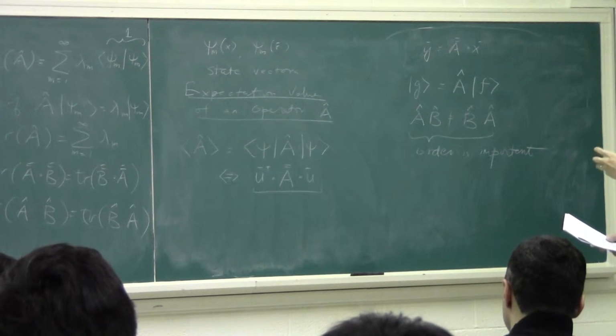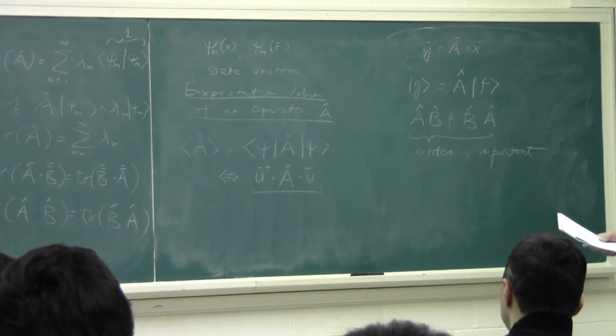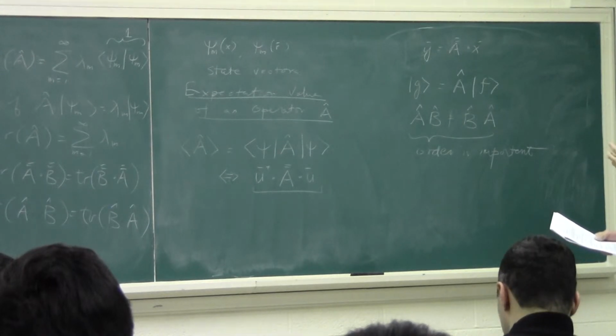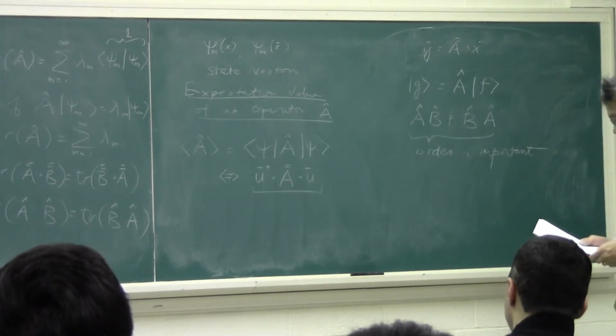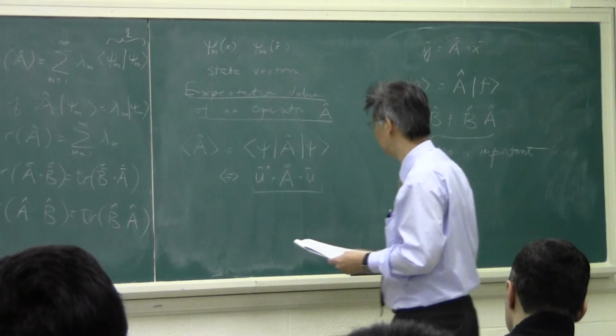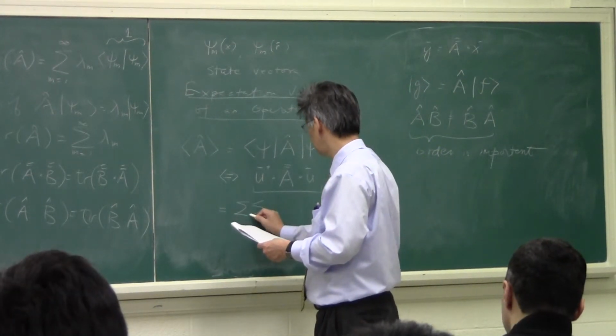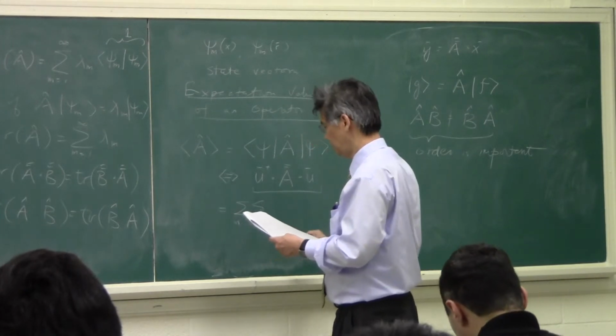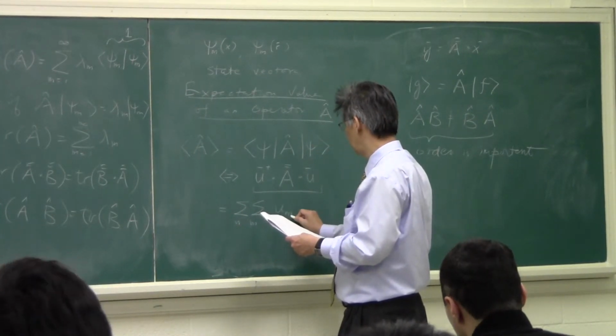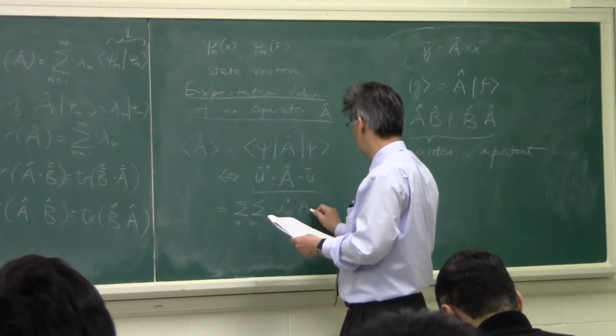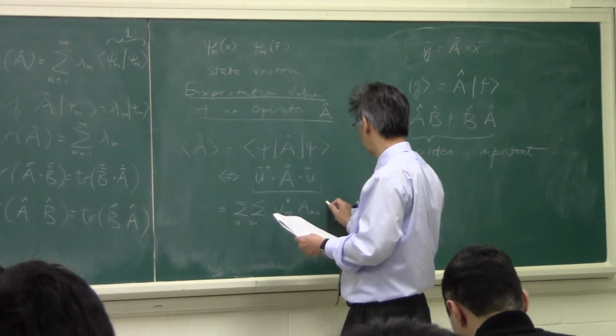But I just want to relate this notion to the trace of an operator at this moment. And it turns out that you can write this in terms of the trace of an operator. Okay, let's see how we do that. I can write this in linear algebraic notation first. And then if I write it down explicitly, this inner product will look something like this.